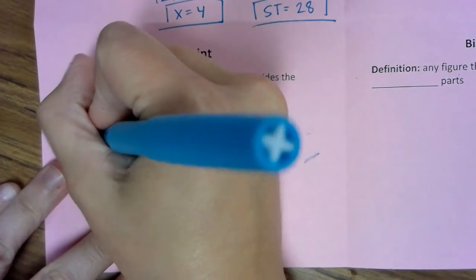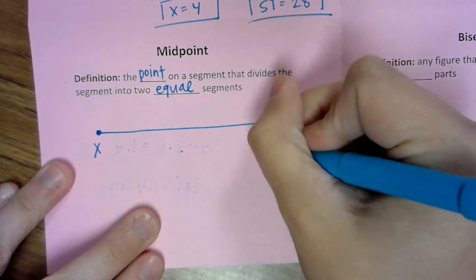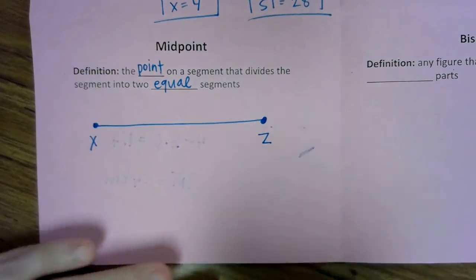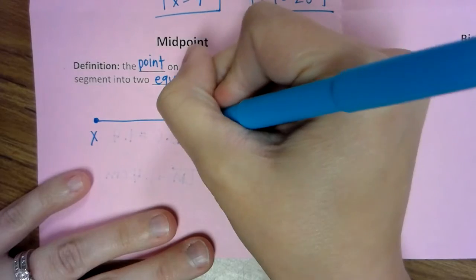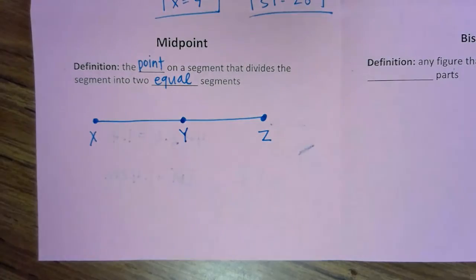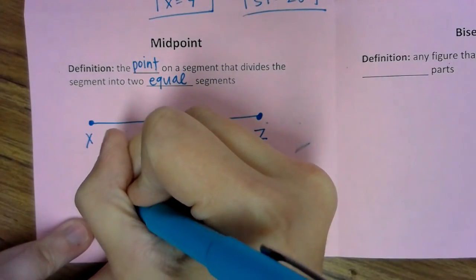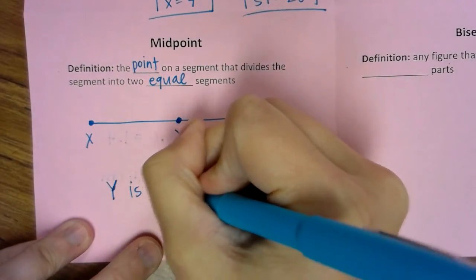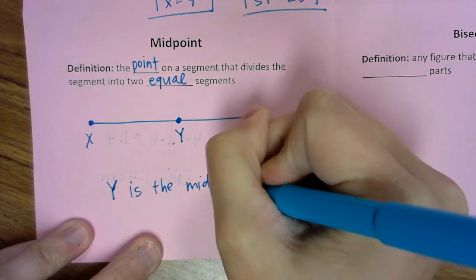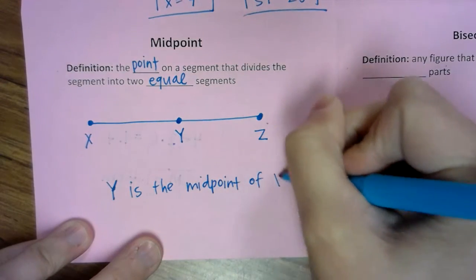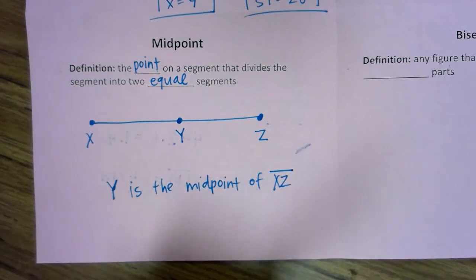Here's a segment. I'm going to call my segment XZ. The midpoint is going to be this point in the middle. Now, don't get too carried away though. When you look at this picture, some of you are going to jump straight to, well, Y is the midpoint of XZ. Do I know that for sure?